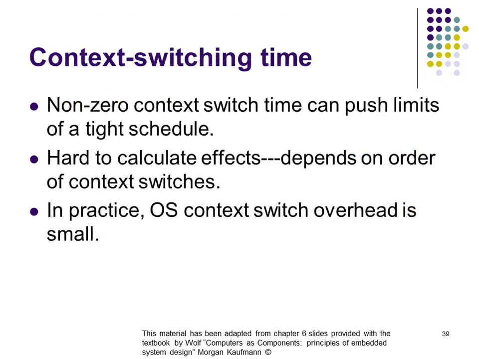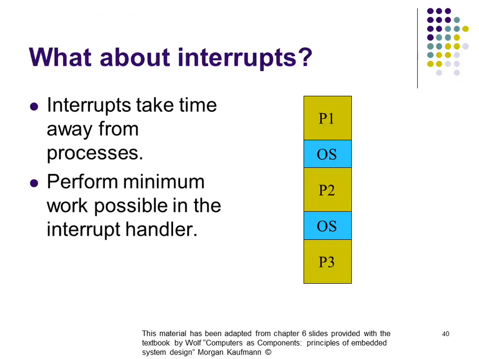Also, when you're thinking of schedulers, we've talked about it a bit before, context switching actually takes some time itself, so you might need some extra time to take that into consideration. And similarly, interrupts can take some time. So this would be your context switching time taking off your overall processing time.